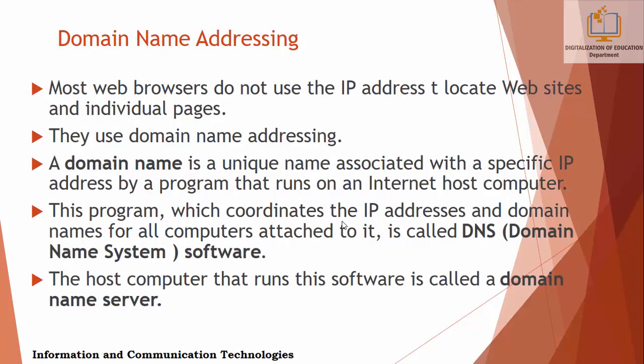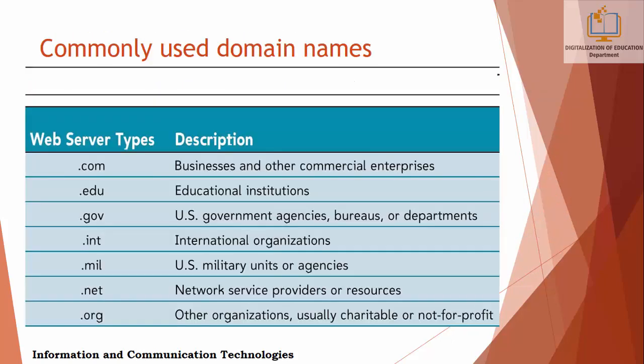Domain name is a unique name of a site. Previously, each site was called by its IP address, and then later the domain name was created, so each site has its own domain name on the internet.